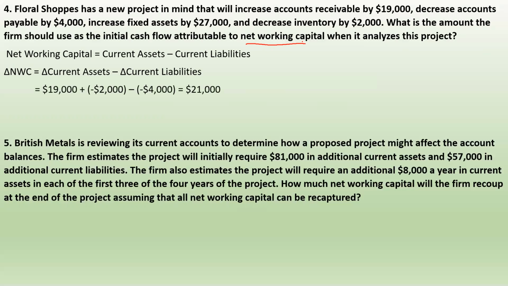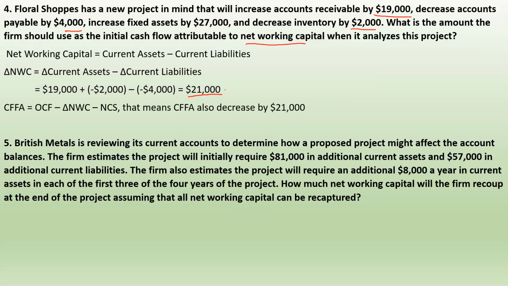The change in current assets is basically the increase in accounts receivable and also the decrease in inventory, so it's negative 2,000. The change in current liabilities is the decrease in accounts payable. So the change in net working capital is 21,000.